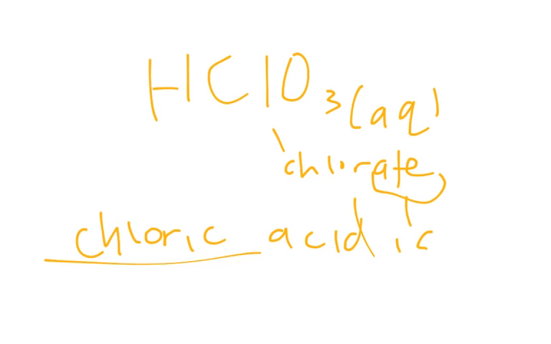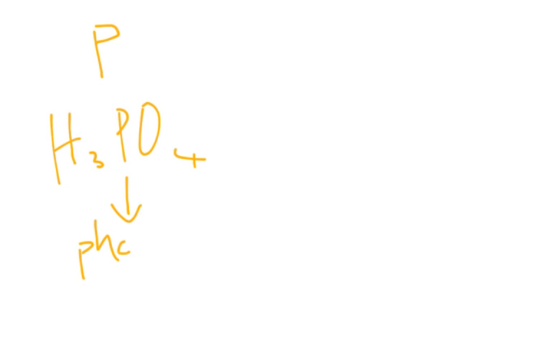Alright, let's try to do the exceptions now with the P's and the S's. So for our P, I will choose phosphate. H3PO4. And it's 3 because this has a -3 charge and you need a +3 charge to cancel it out. So this would not be called phosphic acid.